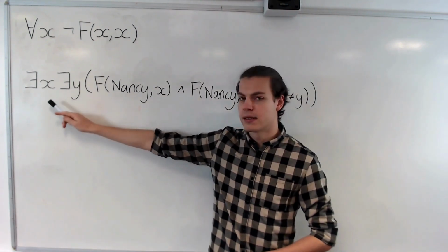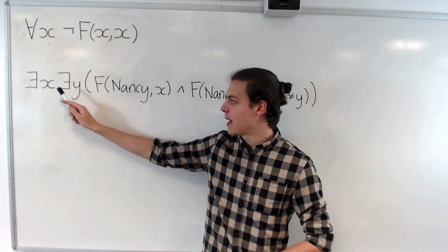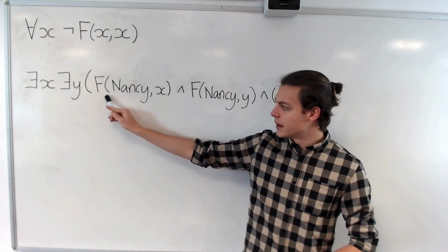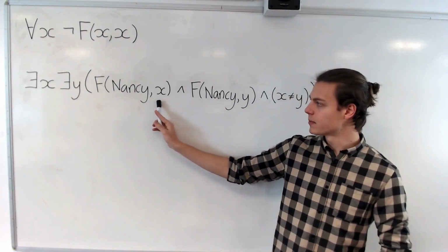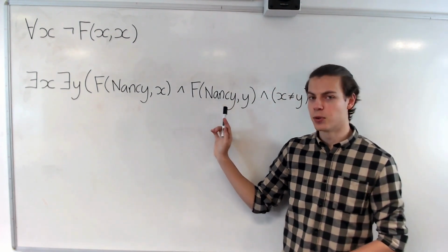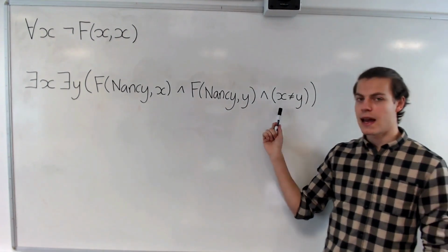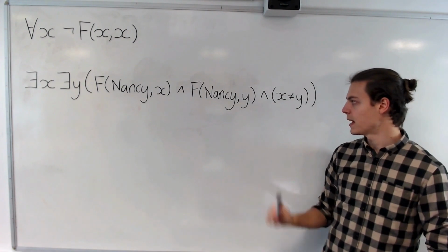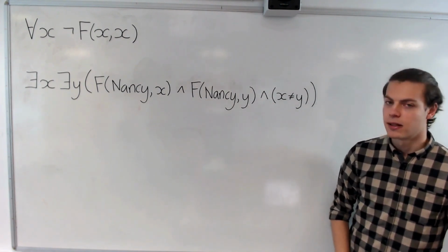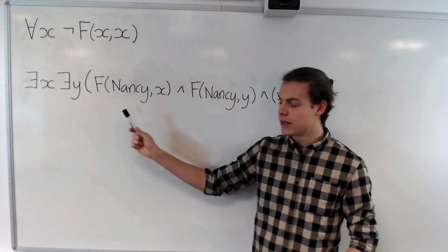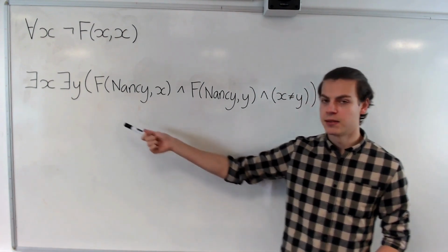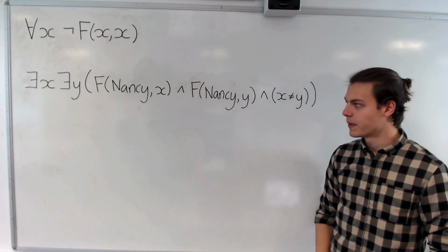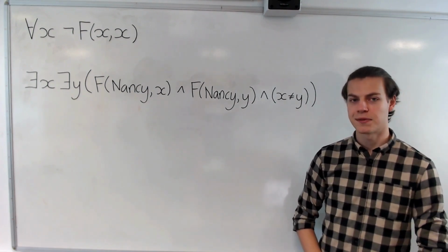So there exists a person x and a person y such that Nancy can fool x and Nancy can fool y, and x and y are not the same person. So there are two different people, x and y, that Nancy can fool. Nancy can fool two different people.